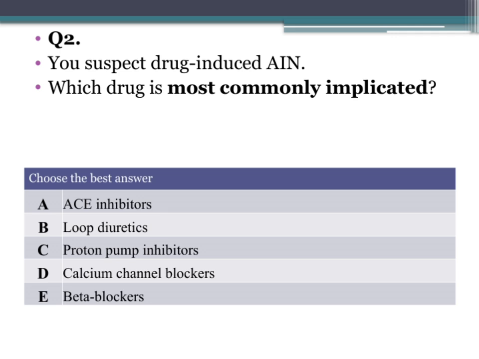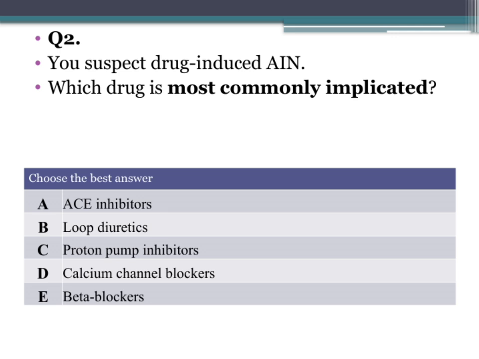Specifically, among these options, ACE inhibitors are actually less commonly associated with AIN compared to others. Loop diuretics and calcium channel blockers are also less frequently linked. Proton pump inhibitors, however, have been increasingly recognized as a common culprit in drug-induced AIN. And that brings us to the most important concept here.